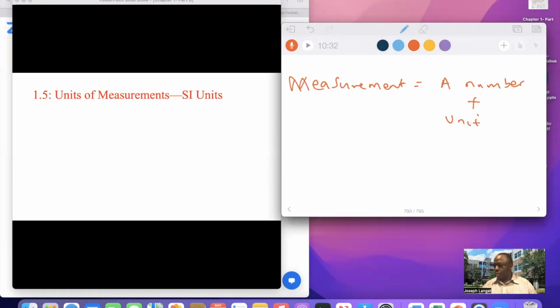Otherwise, if we say the distance from Jacksonville to Miami is 358 without indicating the units, 358 will just be a meaningless number.